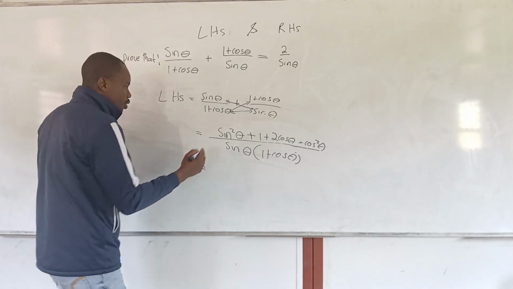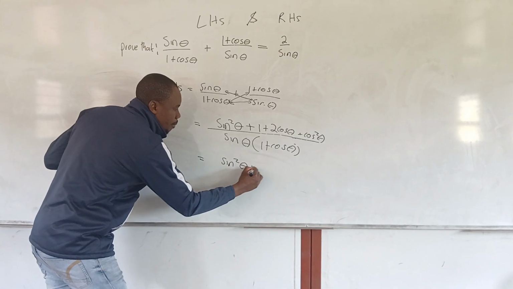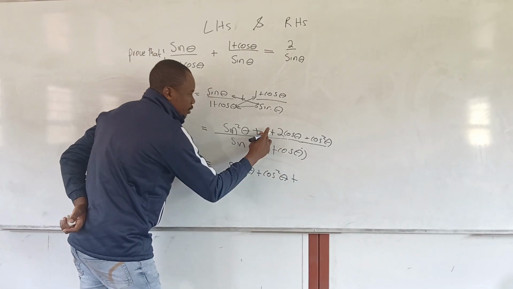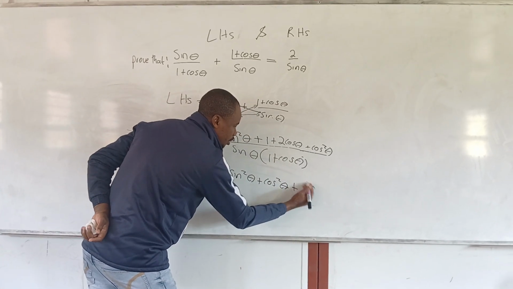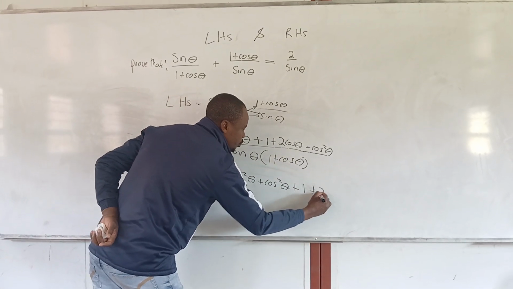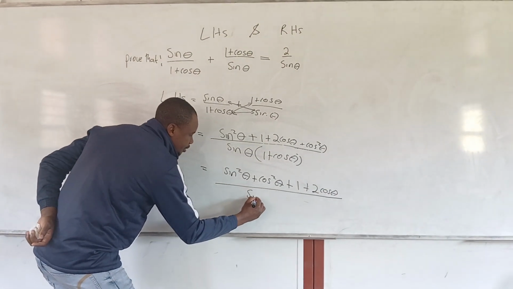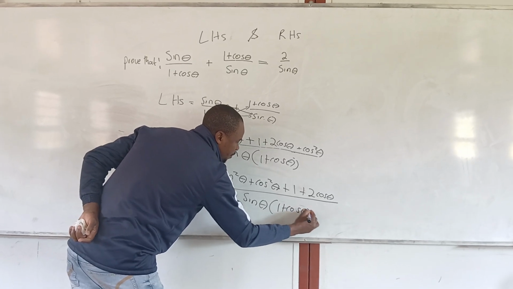So now you can say the sine squared theta plus the cos squared theta plus 1 plus 2 cos of theta, divided by the sine of theta 1 plus cos of theta.